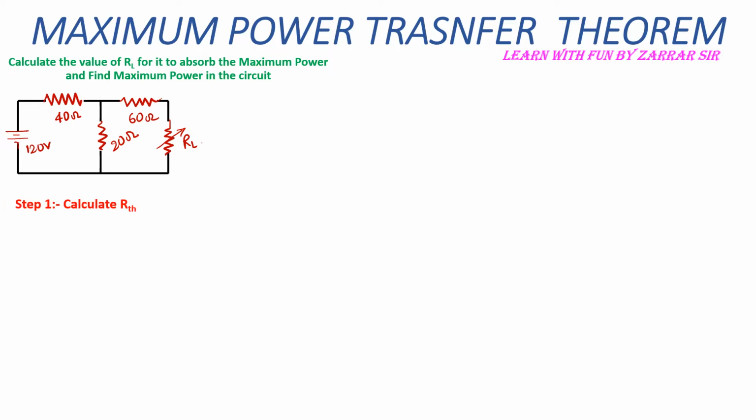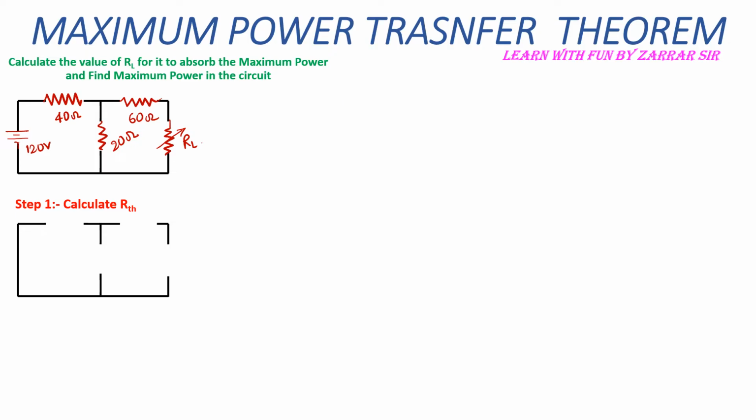It is exactly the same as the calculation of RTH in Thevenin or Norton. So how to calculate the resistance? You are aware that while calculating resistance, we need to short the voltage source and calculate the resistance across RL. So this will be the circuit for calculation of RTH.